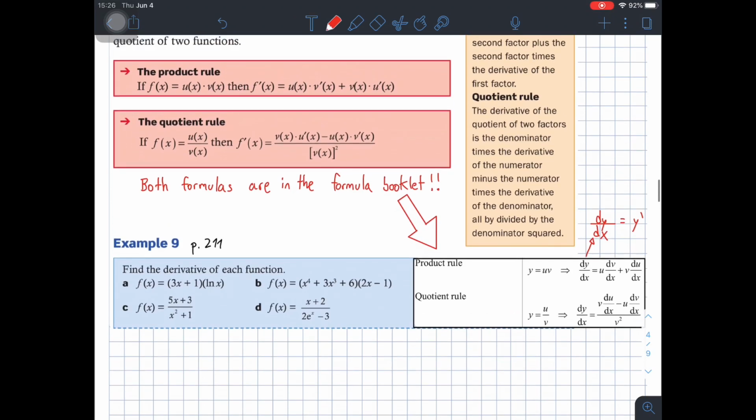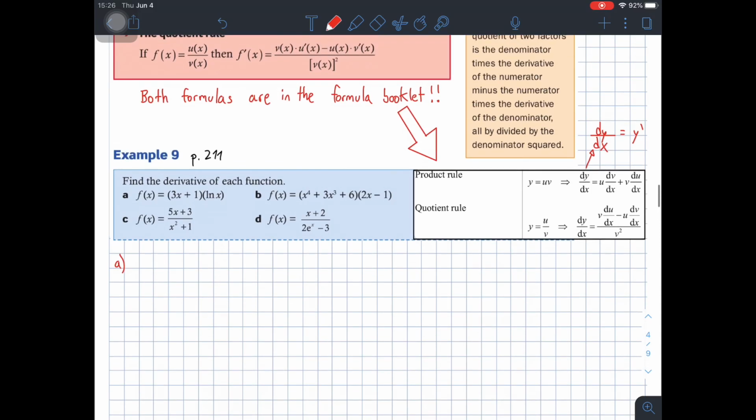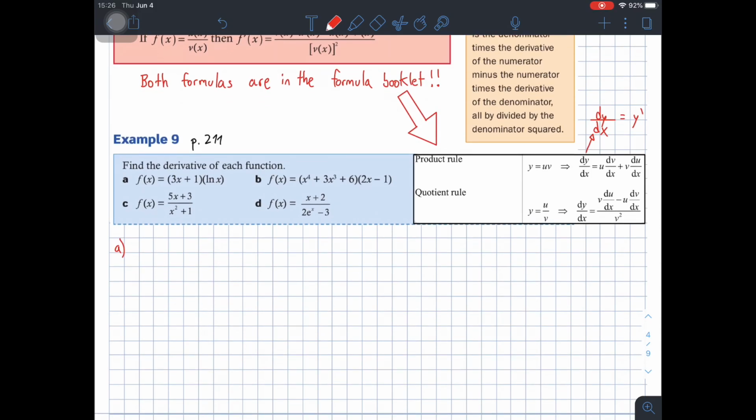So let's apply these two new rules to some examples. So we have part A. It says find the derivative of each function. So the first function is f of x equals 3x plus 1 times the natural logarithm of x.